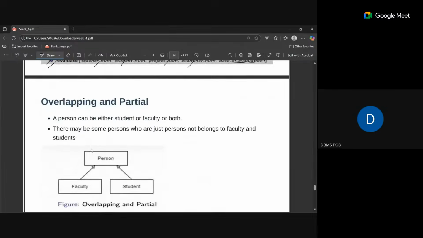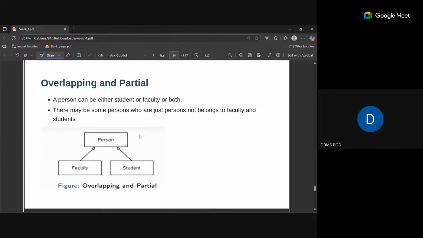And coming to the next one, the concept of overlapping and partial. This is again the entity sets, you can say. A person can be either student or faculty or both. It is what it says, overlapping and partial.